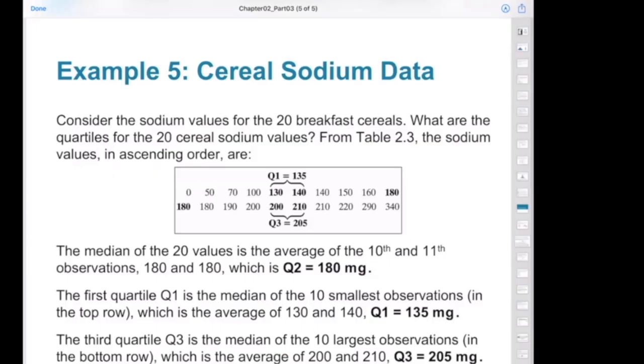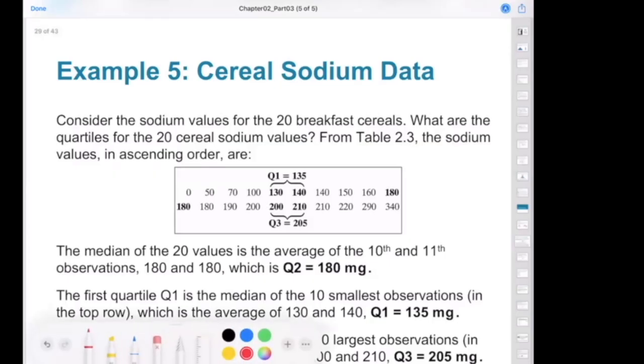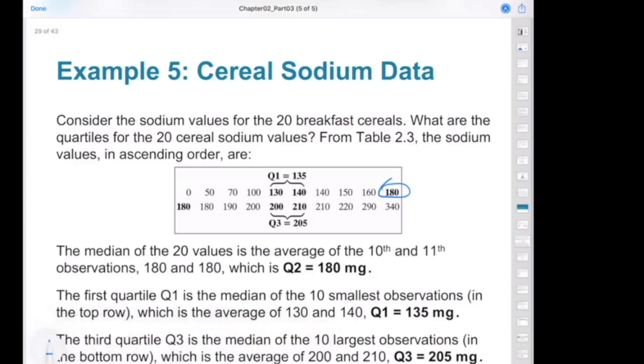Okay, find the median first. So for the median, here you have an even number of data because you have 20. That means you have 2 numbers in the middle. These are the two numbers in the middle, 180 and 180. So the average will be 180. So this is the median.